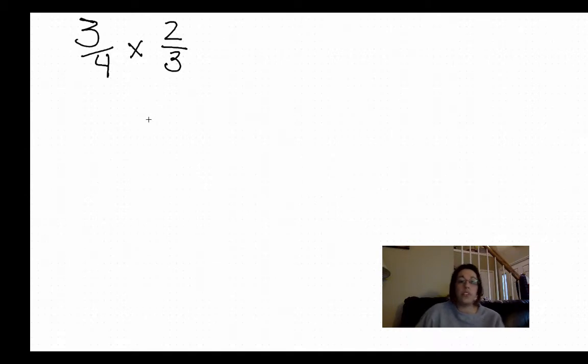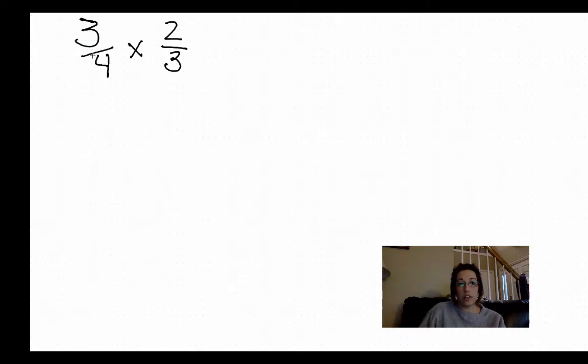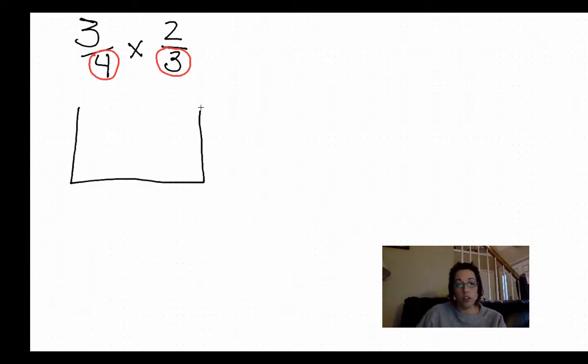Okay, so when we do this problem using models, the important thing to see is that our fractions are in fourths and thirds. So when we create a model, we want to go ahead and draw a box.